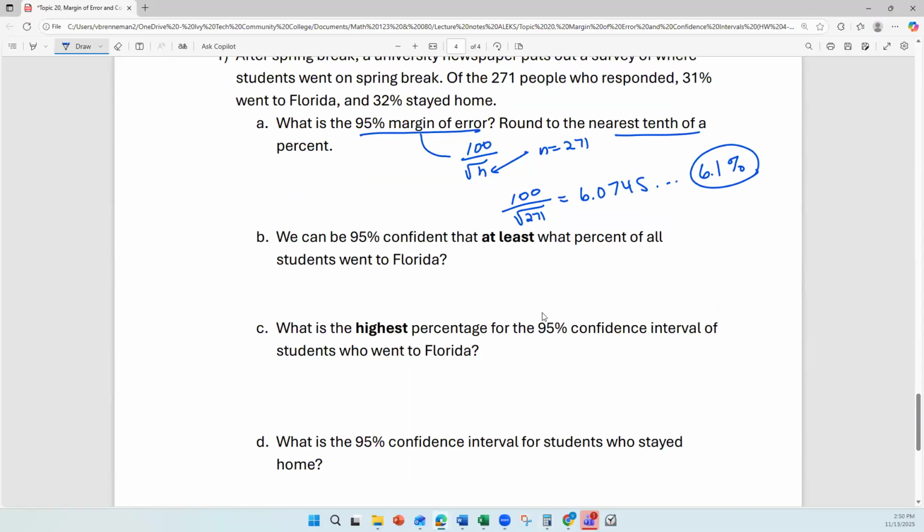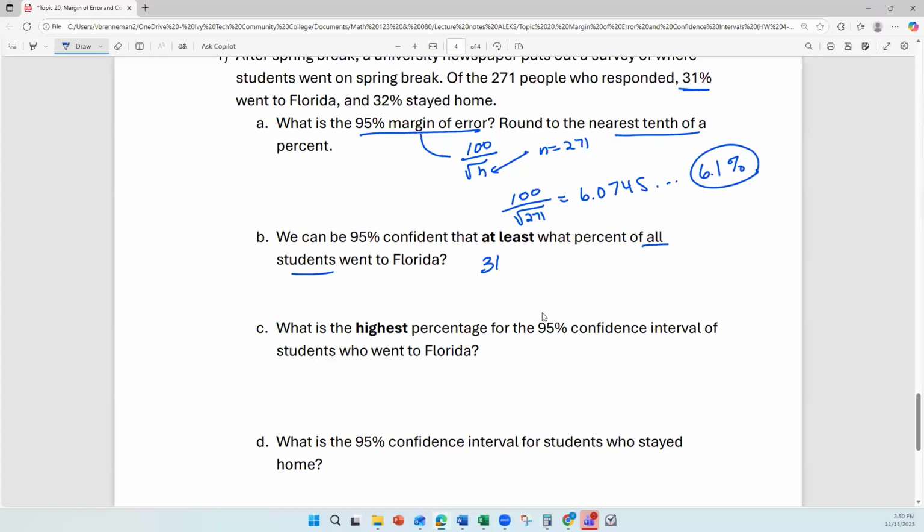Then sometimes you'll be asked for a whole confidence interval. More often you'll be asked separately, what's the low end, what's the high end. So we can be 95% confident that at least what percent of all students went to Florida. What that is asking for is I take the Florida percent of those surveyed, exactly 31% said they went to Florida. To talk about all students, I need to say, well, it could have been as low as the margin of error below that.